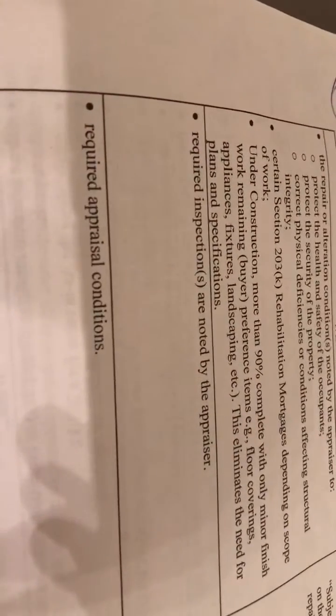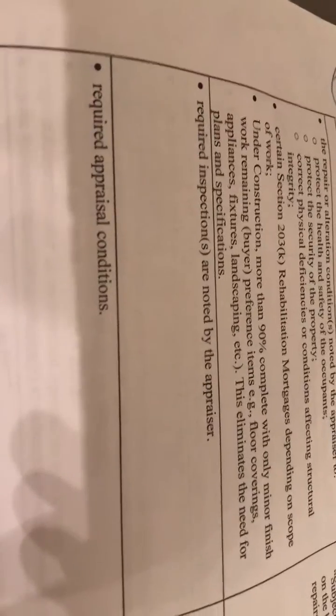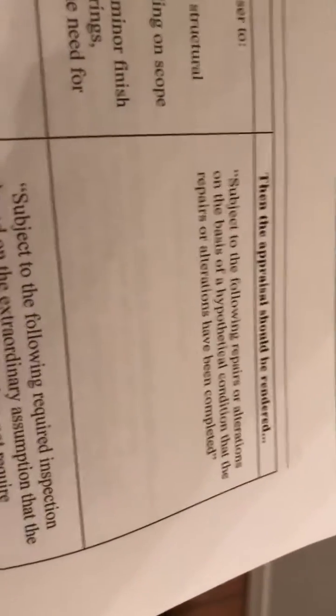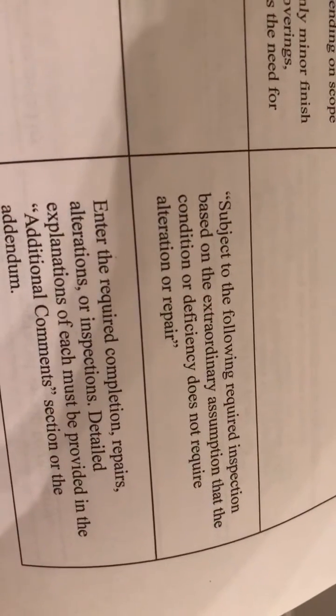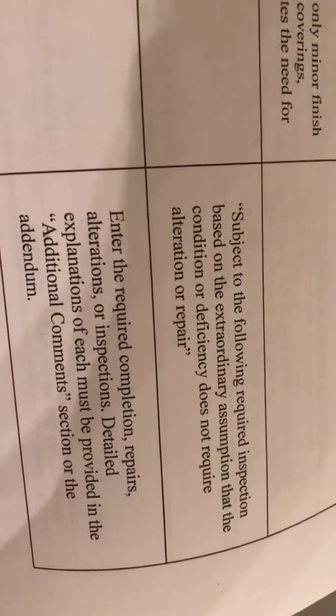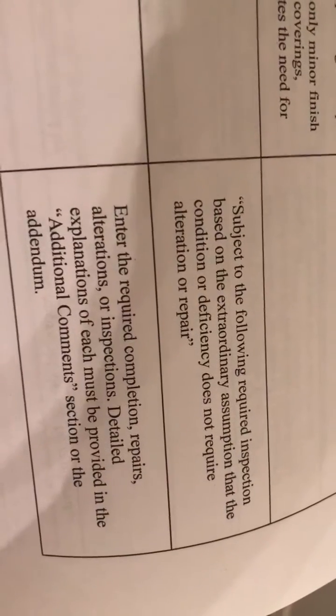When required inspections are noted by the appraiser, then the appraisal should be rendered subject to the following required inspection based on the extraordinary assumption that the condition or deficiency does not require alteration or repair.